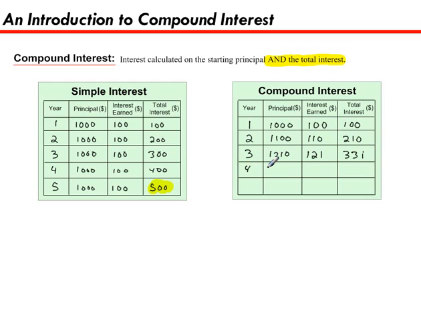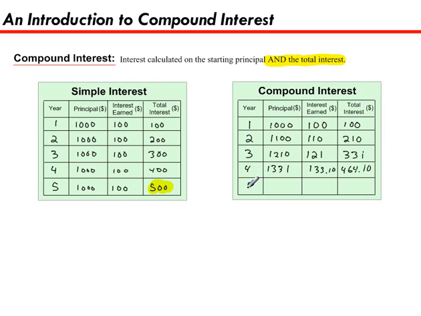By the 4th year, your bank account has $1,331 in it. And the interest earned that year will be $133.10, meaning the total interest so far is $464.10.